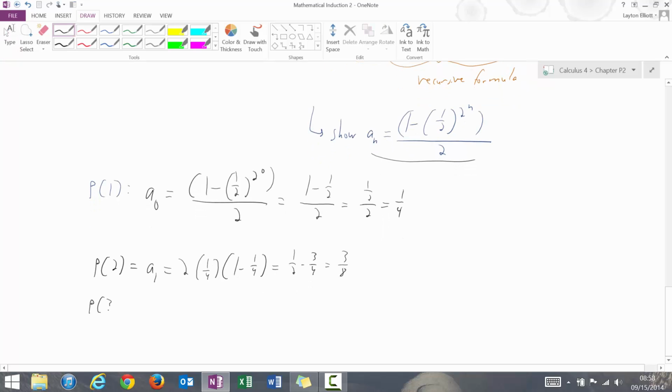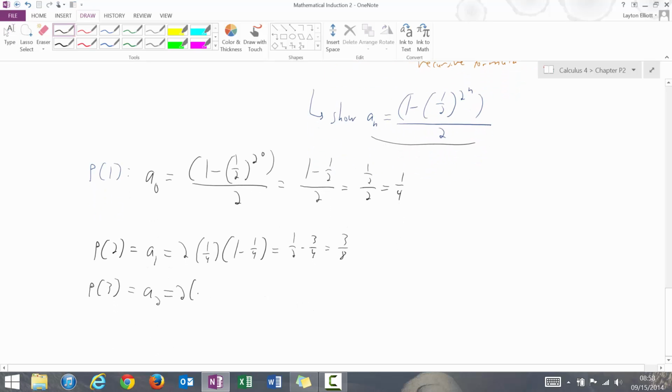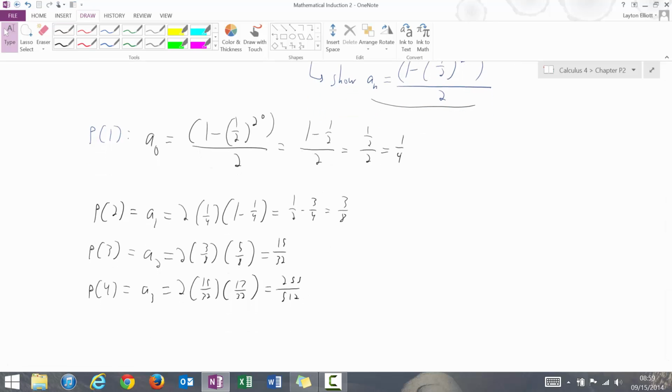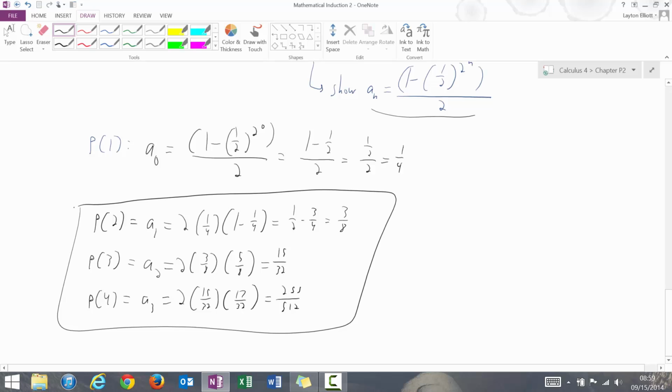And let's see, p of 3 is a of 2, and the formula was 2 times 3/8 times 5/8. And you can start to see how this is working. A of 3, 2 times, this is actually 15/32, so this would be 2 times 15/32 times 17/32. If you start to see that there is a pattern here, it makes sense that we should come up with an absolute formula. So again, this is sort of just off to the side so you can see how this is working.